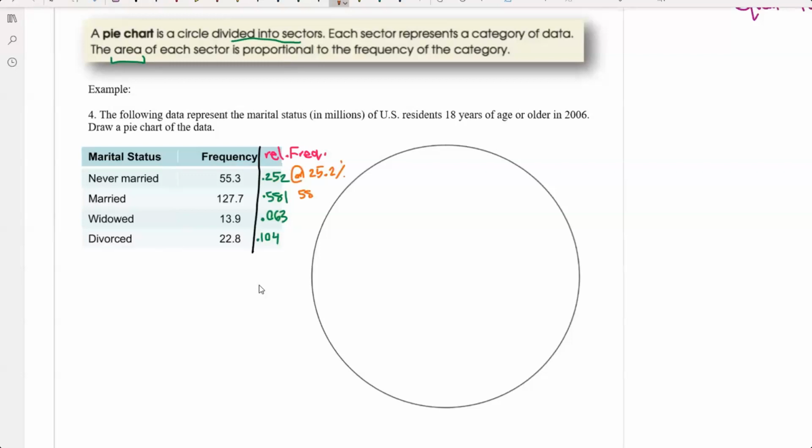That is 58.1%, 6.3%, and this one is 10.4%. I use exactly the same thing, but in percent. Now, if you add them, that will be equal to 100%. And now we have to divide into sectors.